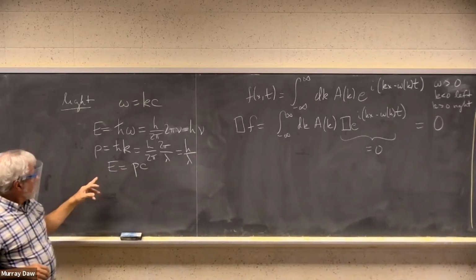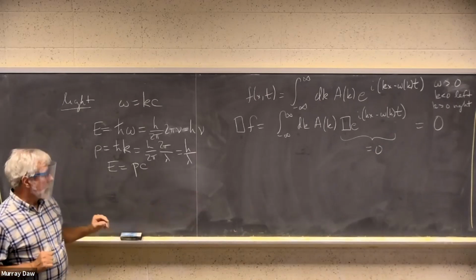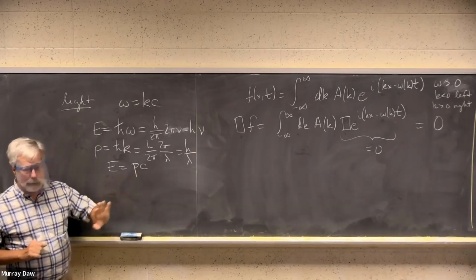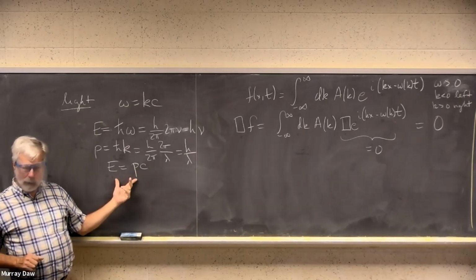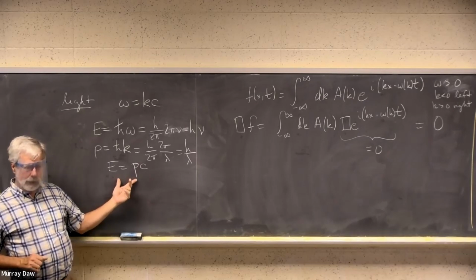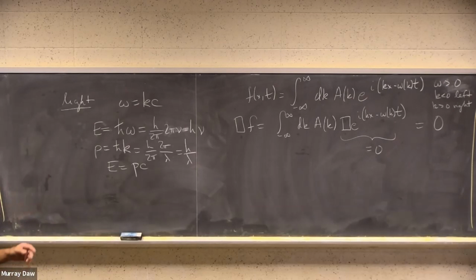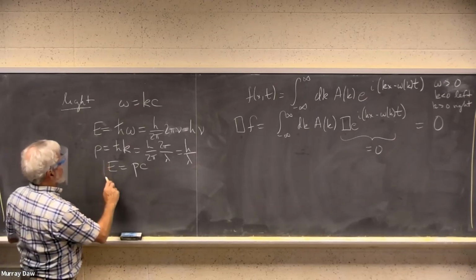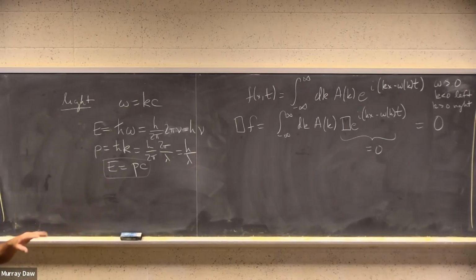The energy that the radiation can deliver and the momentum that can be delivered are related by this. This relationship comes from Maxwell's equations. Going through that problem, it might be good for those of you who had this in the spring to go back and reread that section on radiation, three or four pages.